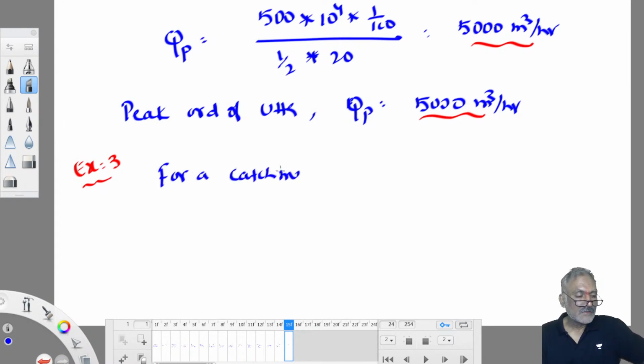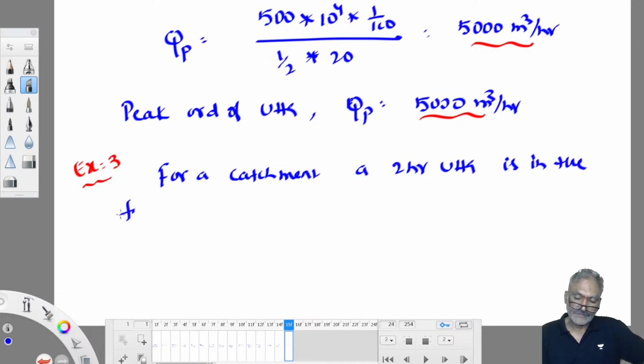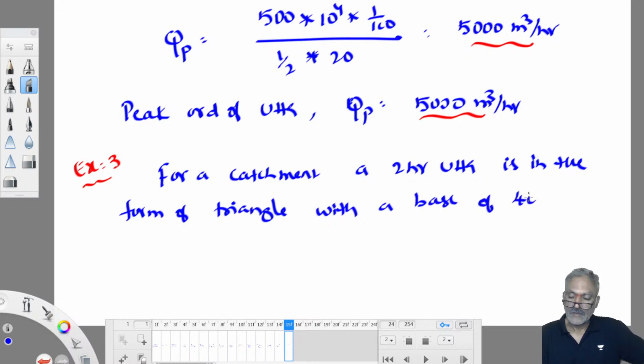For a catchment, a 2-hour unit hydrograph is in the form of a triangle with a base of 40 hours and a peak of 10 meter cube per second. Peak means peak ordinate.